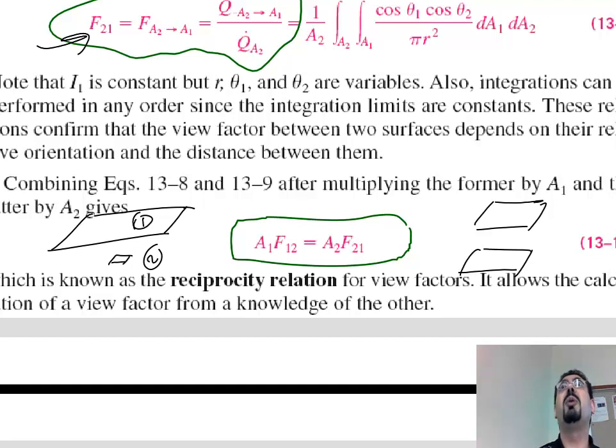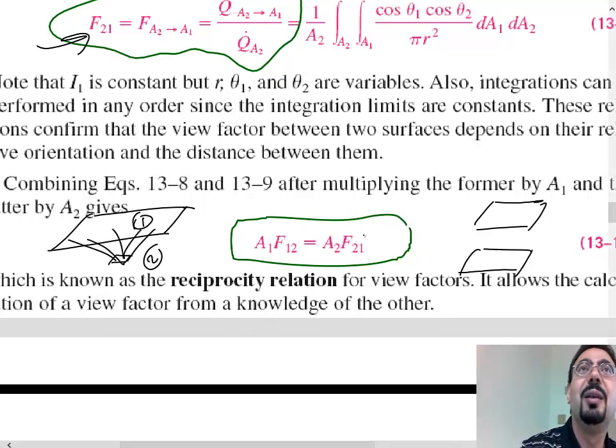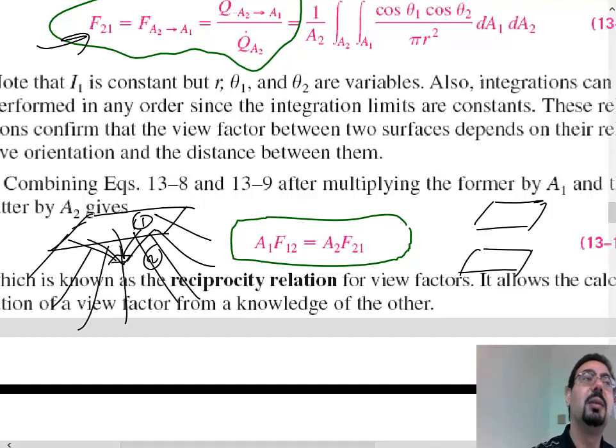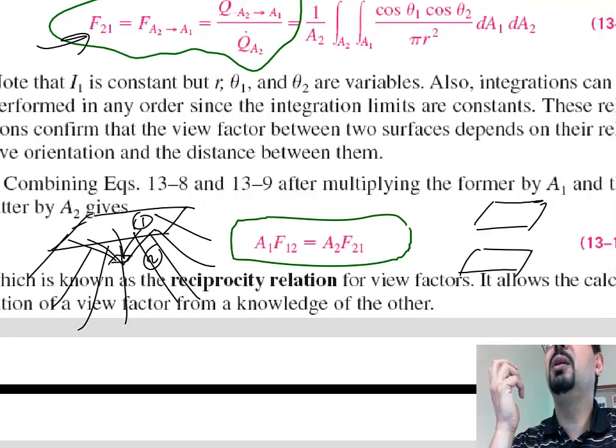The big surface will probably get all the radiation leaving that small surface, most of it. But that small surface will not get all the radiation leaving the big surface, right? Because it will radiate like this. Okay.